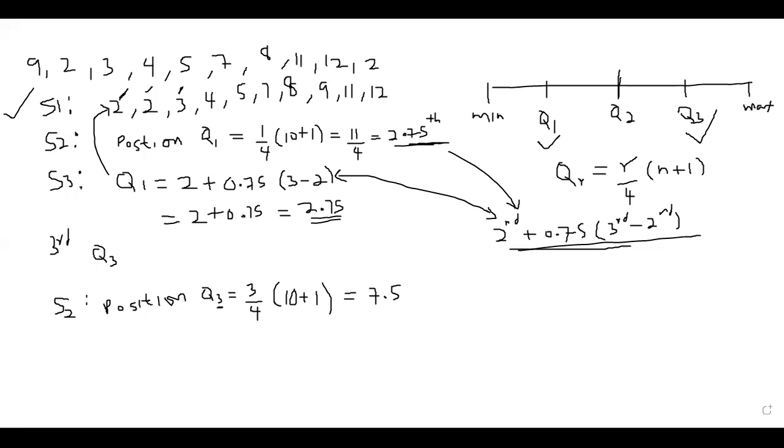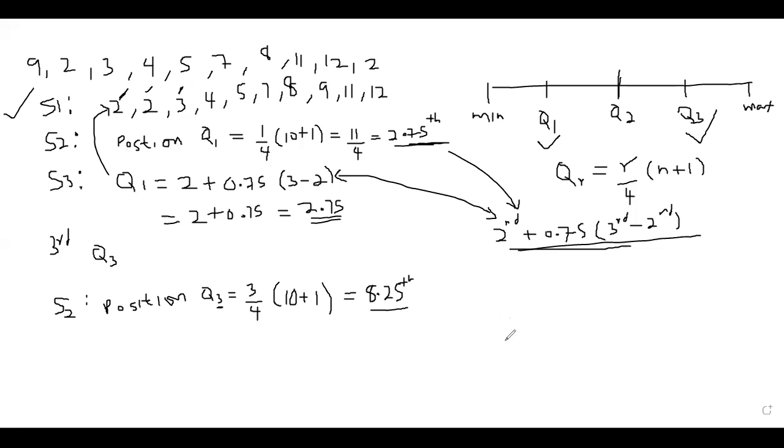So 33 divided by 4 will be 8.25. So that is 8.25 position. Okay, so let's interpret this first before we go on to look for the actual value.